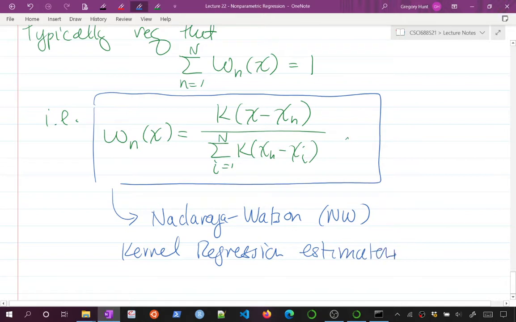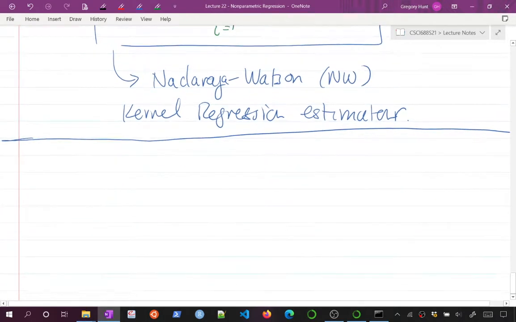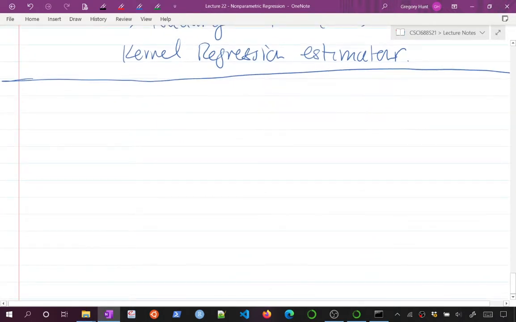So this whole procedure is also sometimes referred to as kernel regression. And doing this, picking the weights as the kernel of x minus x_n, maybe renormalize them so they sum to 1, that's called the NW Kernel Regression Estimator. And it's the nice and simplest way of doing this.